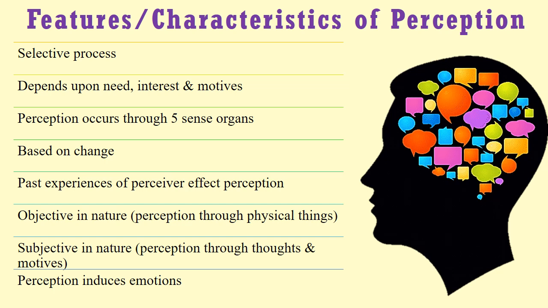In case of objective perception, we perceive through physical things, whereas in case of subjective perception, we perceive through our thoughts and motives. And we can say that feelings and emotions are also induced by the perception process. So, these are the important features of perception.